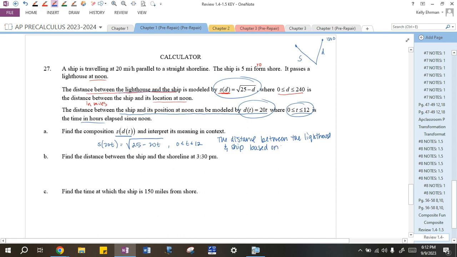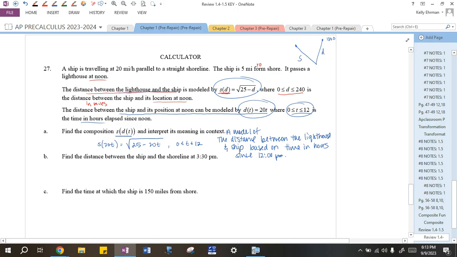Time since noon. Time in hours since, I guess I'll say 12 p.m. Or you could say noon. It's fine. So this is modeling the distance. Maybe I should say a model of the distance between the lighthouse and the ship based on the time in hours.